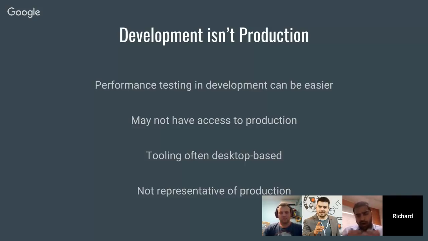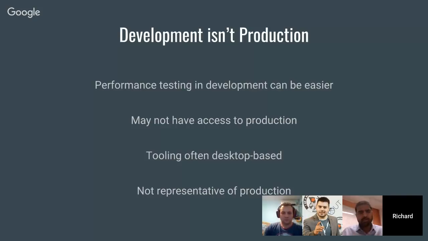So why do people do performance testing in development? Well, for one, it's just easier, right? As a developer, you may not actually have access to production. In many companies, there are walls between developers and operations, and there might be legal reasons why that's necessary. But also the tooling tends to often be desktop-based.